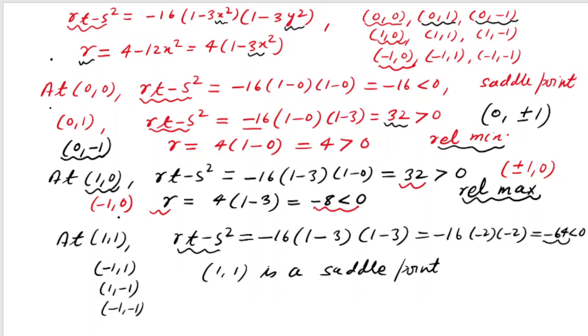So x is 1 or minus 1, 1 minus 3x square will remain the same. Y is 1 or minus 1, it will remain the same. So for all these points, the rt minus s square value will remain minus 64.